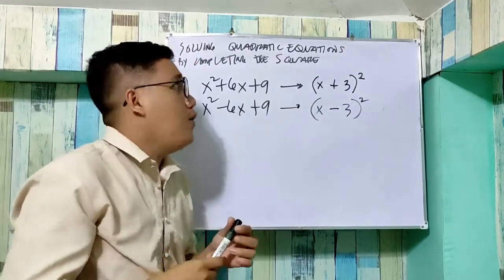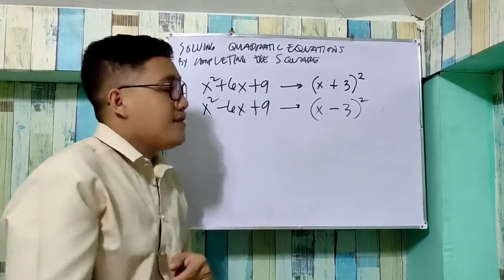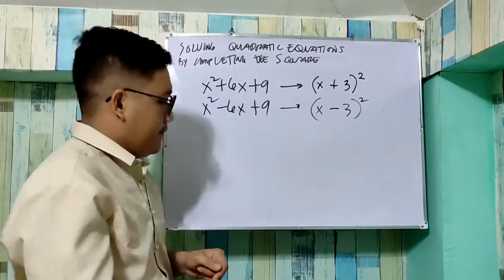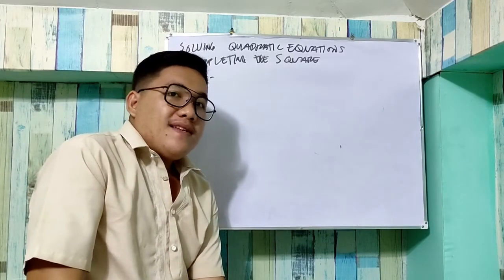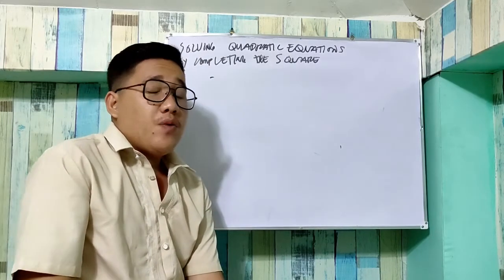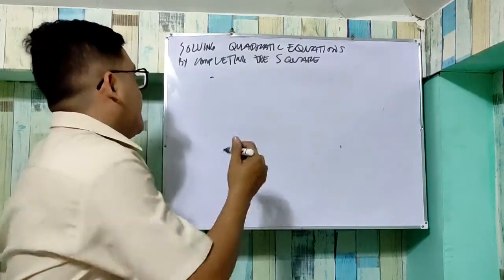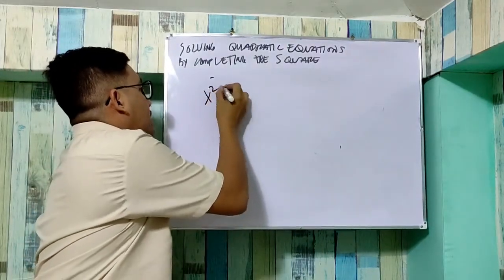So, let us now solve quadratic equations by completing the square. So, what we're going to do if merong missing part yung equation at gagawin natin siyang perfect square. Say for instance, balikan natin yung kanina.